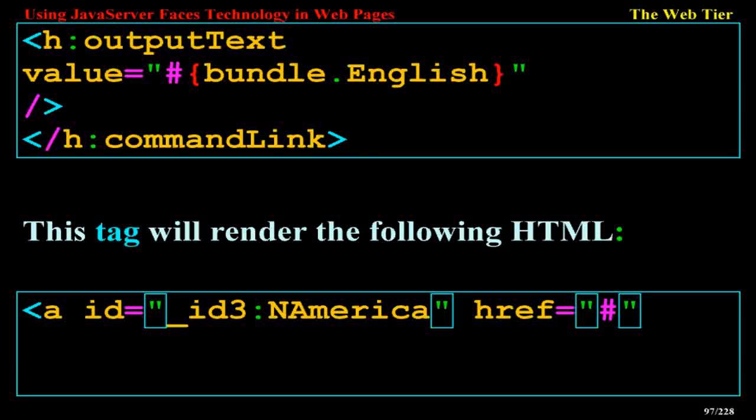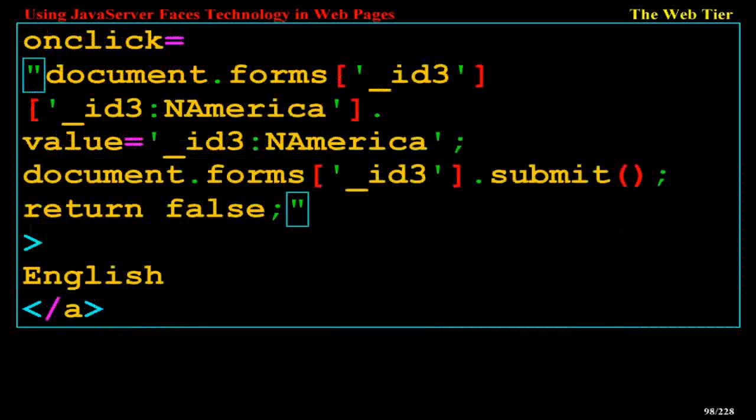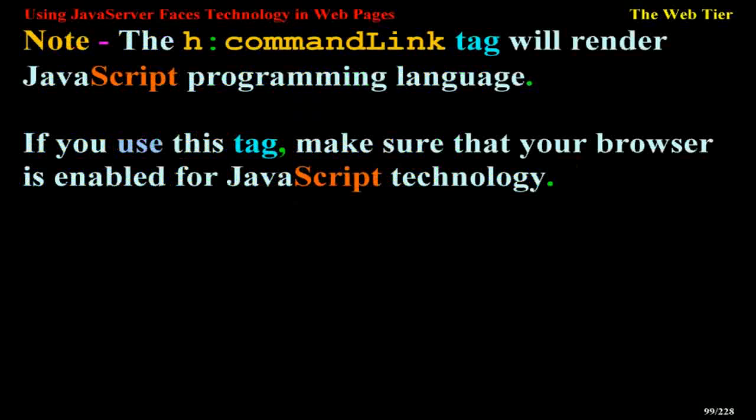This tag will render the following HTML: a id="NAmerica" href="#" onclick="document.forms[0]['NAmerica'].value='NAmerica'; document.forms[0].submit(); return false;" English /a. Note, the h:commandLink tag will render JavaScript programming language. If you use this tag, make sure that your browser is enabled for JavaScript technology.